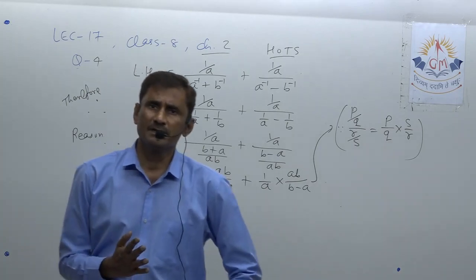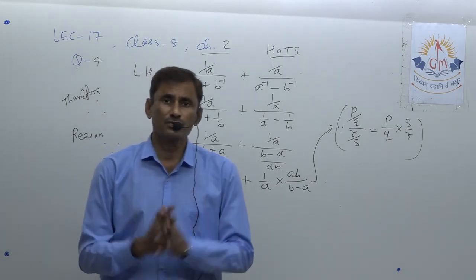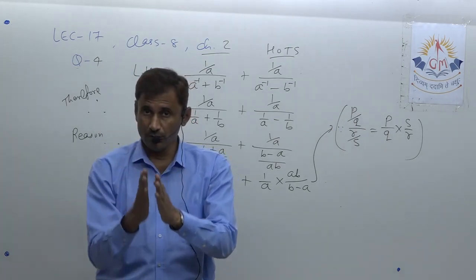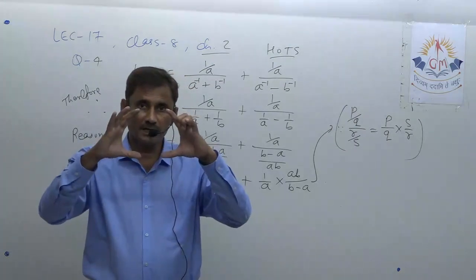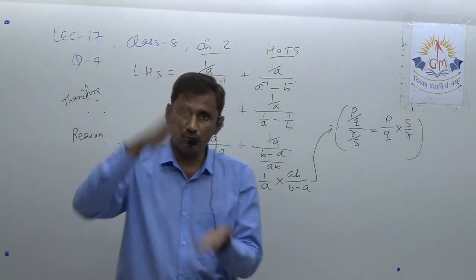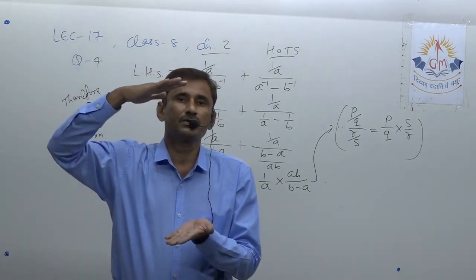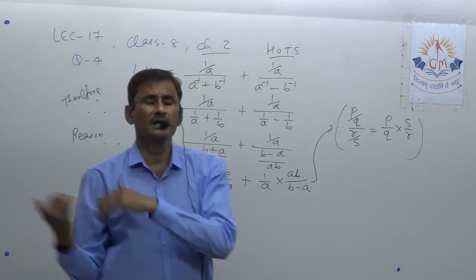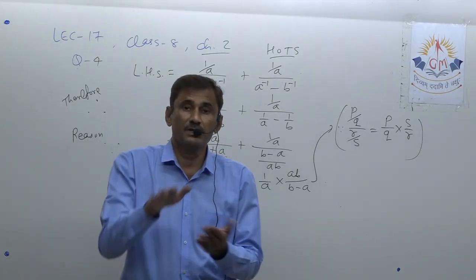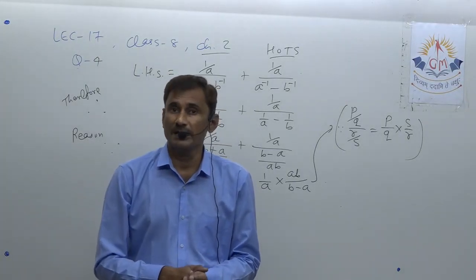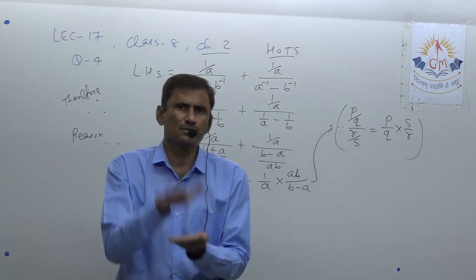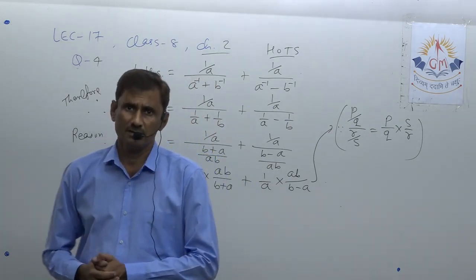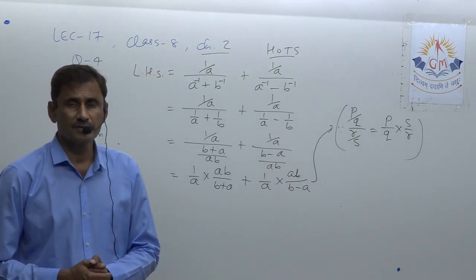I have told you many times that your work should be neat and clean, that the equality sign should be in level only. If fractions are there at the numerator or denominator, or both, then equal space should be there. Do not start the next step directly in the next line; in between you have to skip one or two lines. Otherwise it will be so congested that no one can read or understand it.